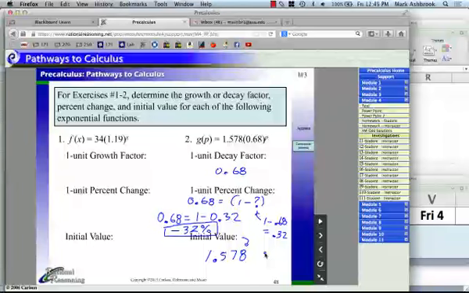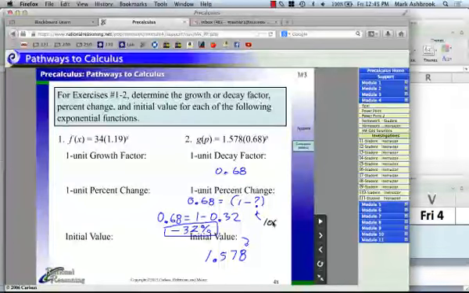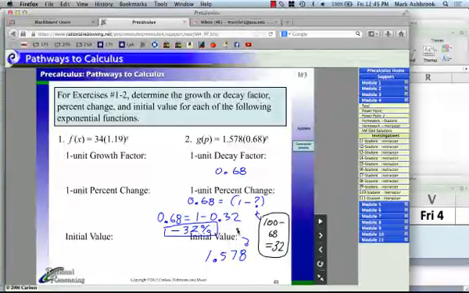So you're saying 100 minus 68. Yeah, I did 1 minus 0.68. But I actually like that better. I like that. 100 minus 68 equals 32. And so then 0.68 is 1 minus 0.32.